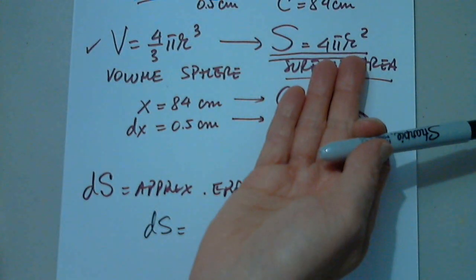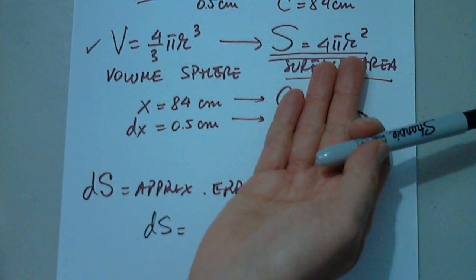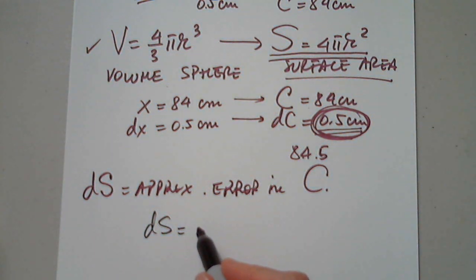Can anyone find the differential of 4 pi r squared? Anyone would like to try? Anyone?